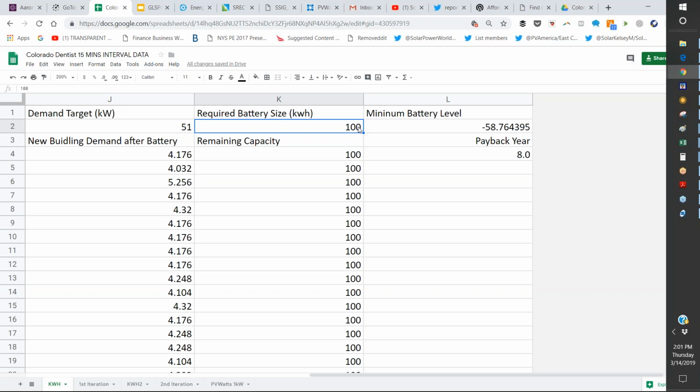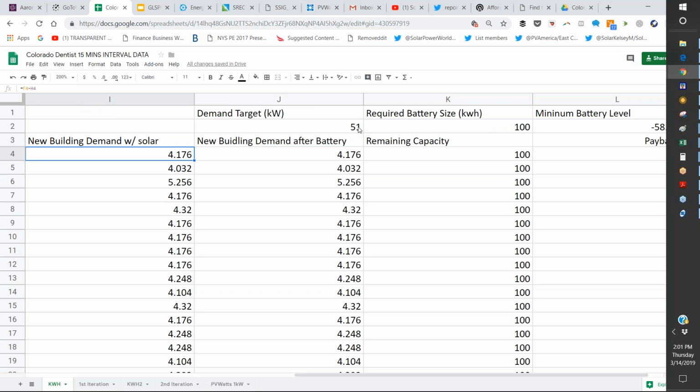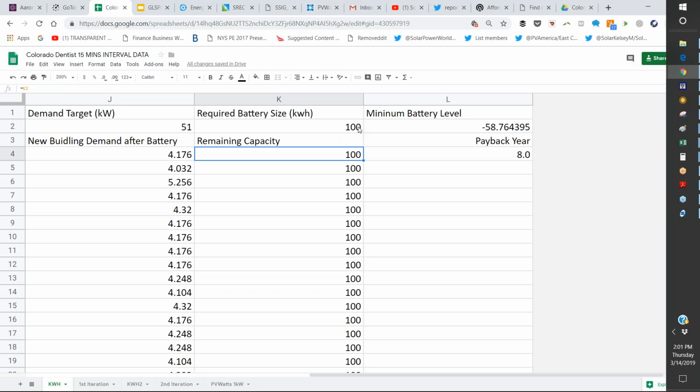The way that we guess this is we look at all the columns. We take our battery capacity and we guess that it starts at 100.